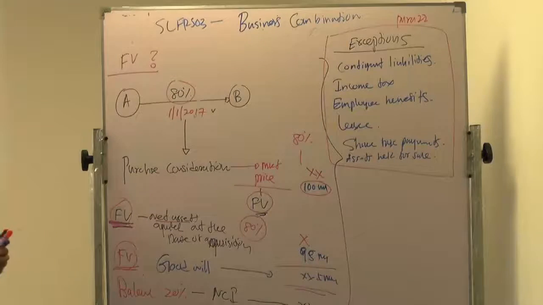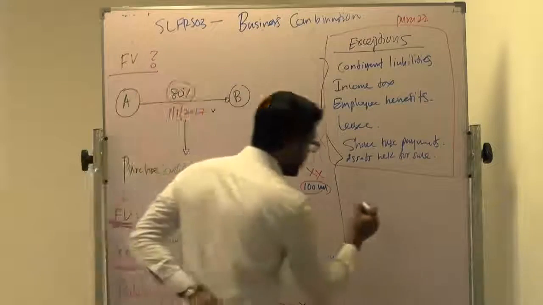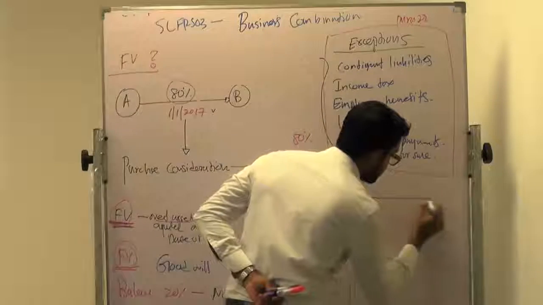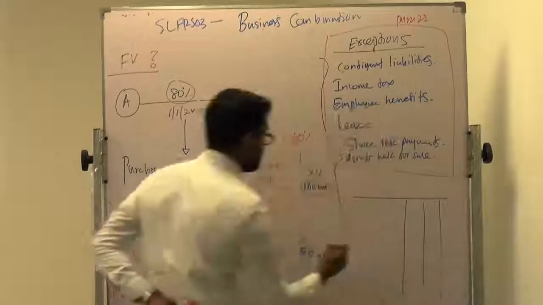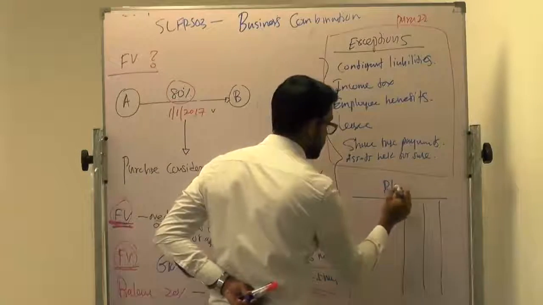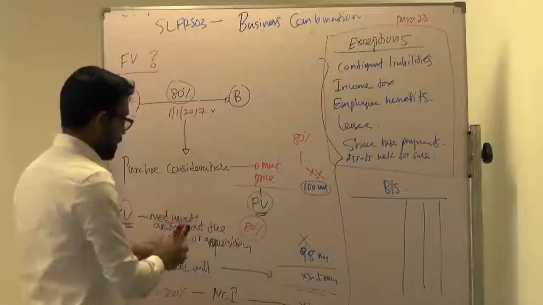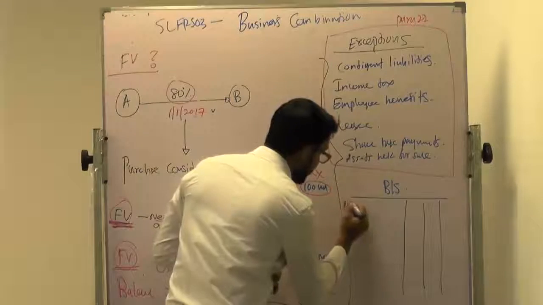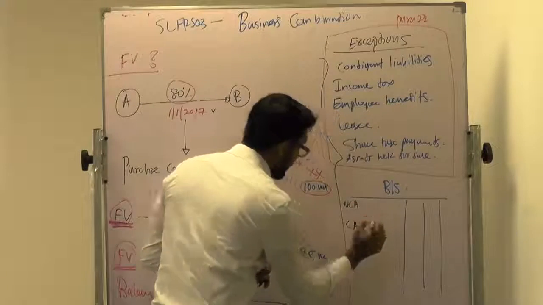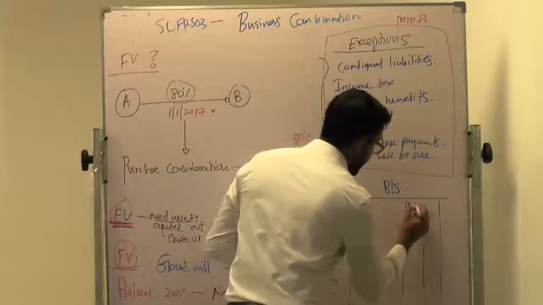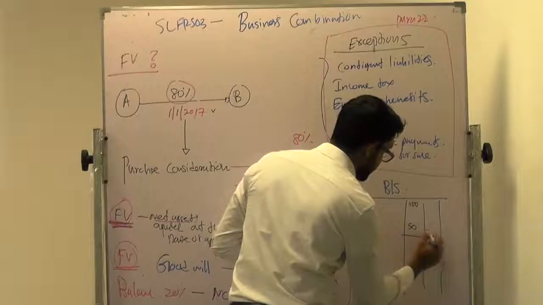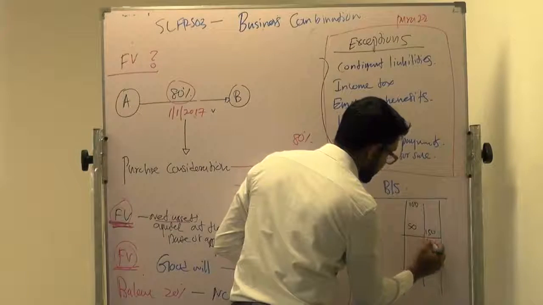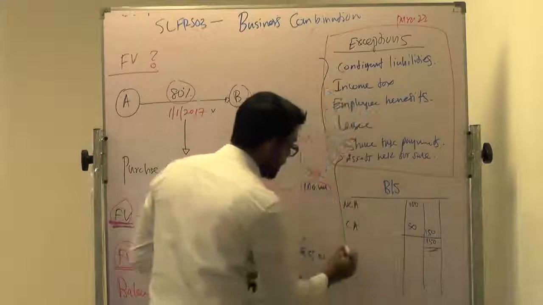Now I will take a simple example. This is your balance sheet, let's say. You have non-current assets and current assets, let's say 100 million and 50 million, altogether 150 million. The balance sheet tallies: asset side 150 million.